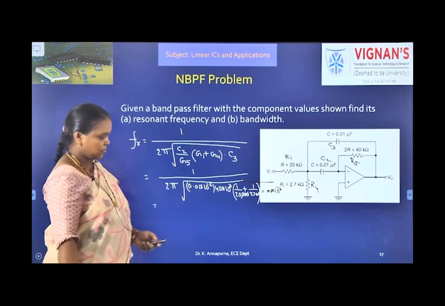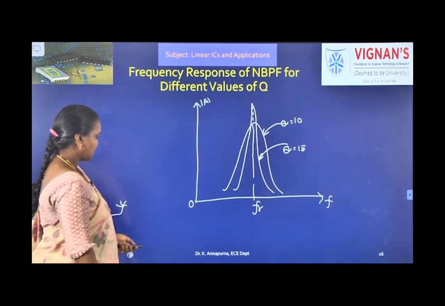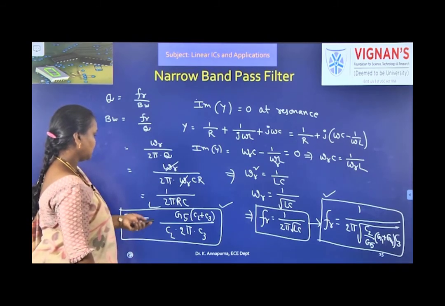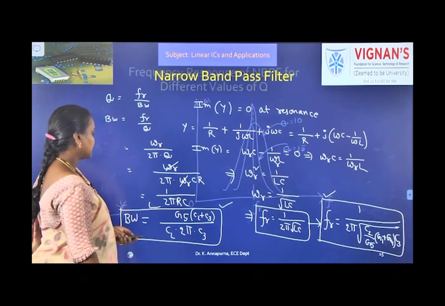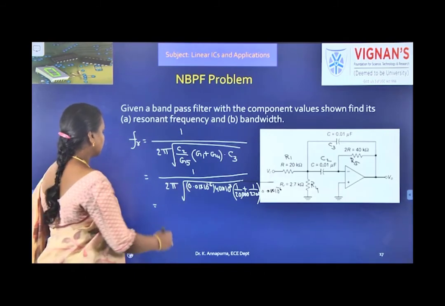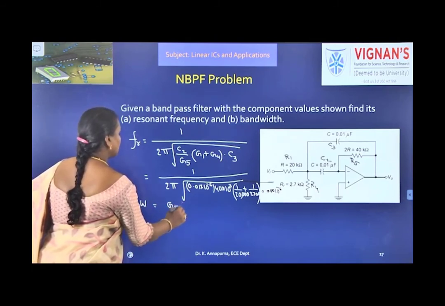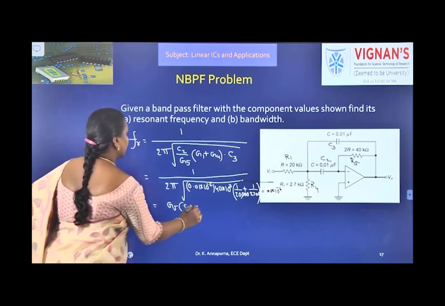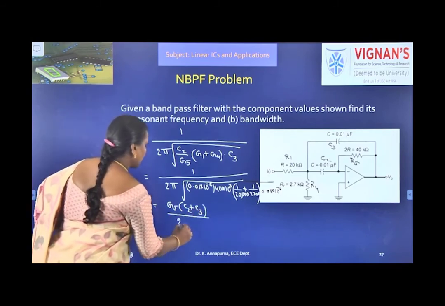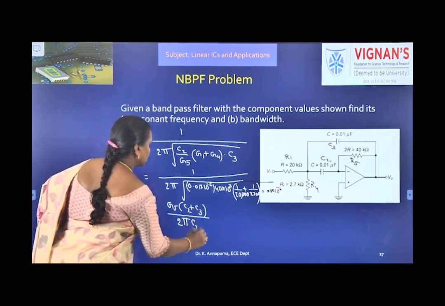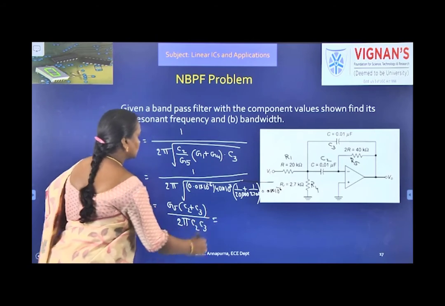And then bandwidth. So just now we have derived the bandwidth expression also. G5 into C2 plus C3 by 2 pi C2 C3. So substitute those values.